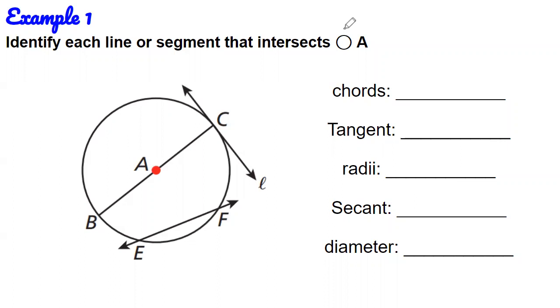So let's identify any line segment that has endpoints on the circle. Let's look for the first one, B and C. Therefore, BC is my first chord. It can also be a diameter, but it's also considered a chord. So I have my first one, BC.